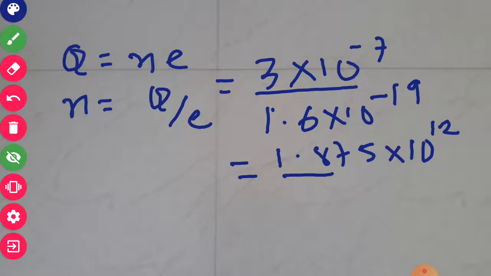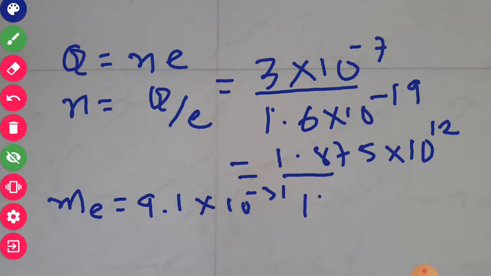Now the second question: is there a transfer of mass from wool to polyethylene? Yes, there will be a transfer of mass, because the mass of one electron is known to us. It is 9.1 into 10 raised to minus 31 kg.